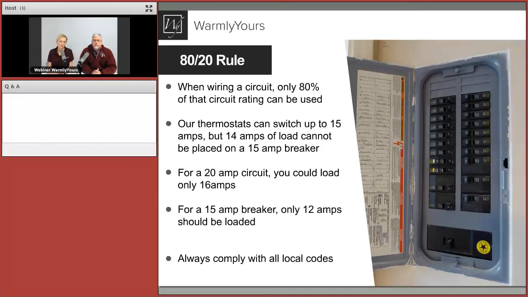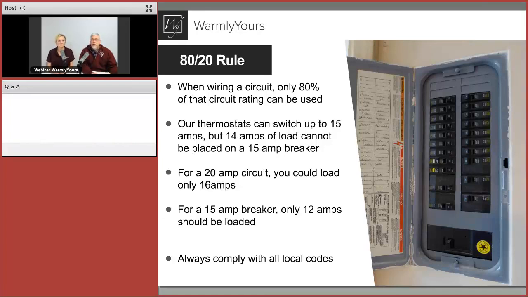And one thing I do want to share is that we will tell you the size breaker that we recommend for that room on our electrical plans. You can tell on the picture right here. You can see in the lower right and the bottom ones, in the 2 rows, those are 20 amp breakers because they're twice as wide as the other ones. So the single spaces are 120, the double wides are 240. I did not know that. That's how you can tell the difference.